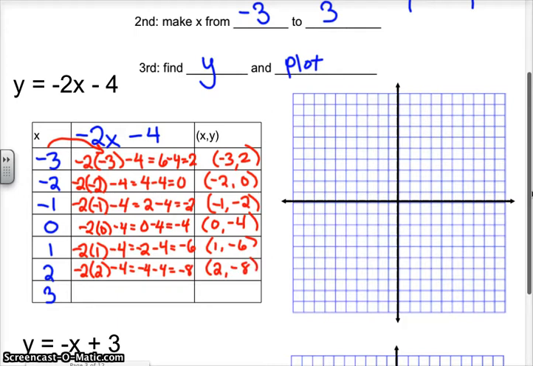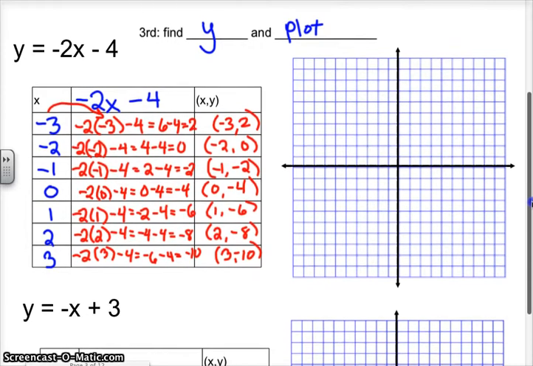The point is (2, -8). Negative 2 times 3 minus 4. Negative 6 minus 4, negative 10. My point is (3, -10). I'm going to give you a minute to catch up.